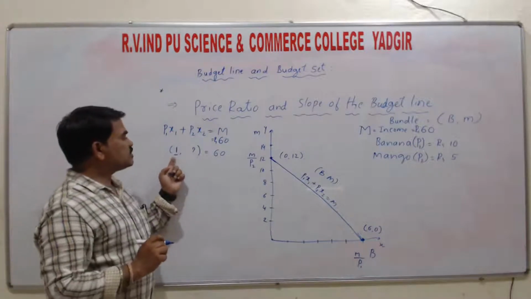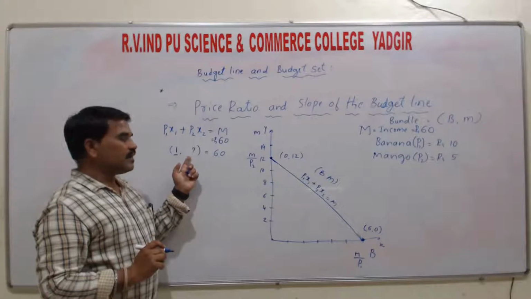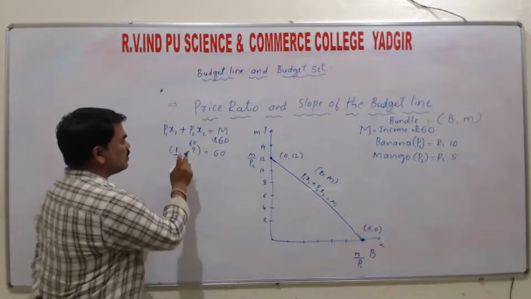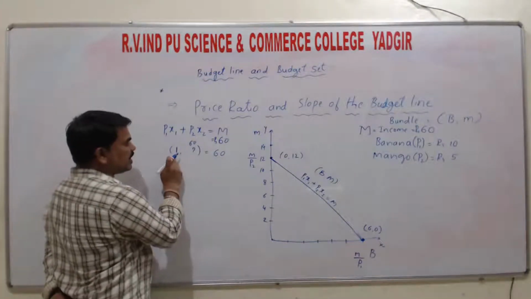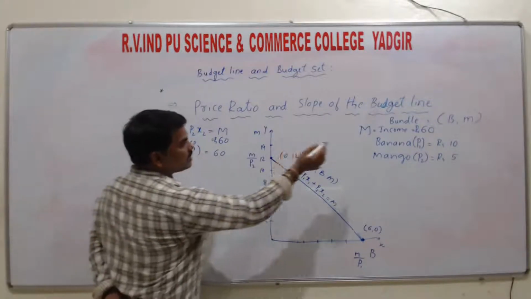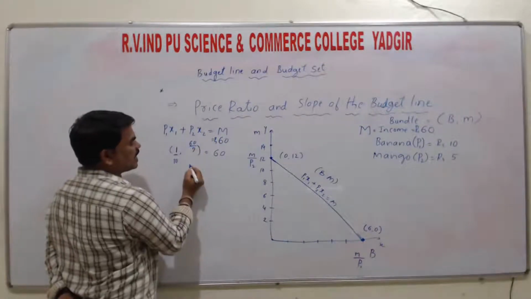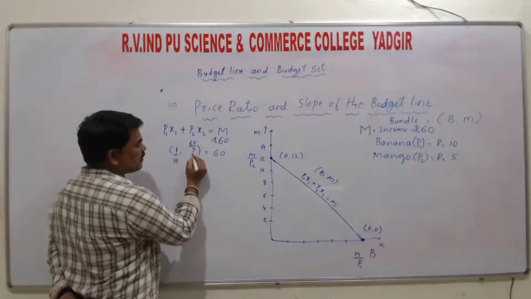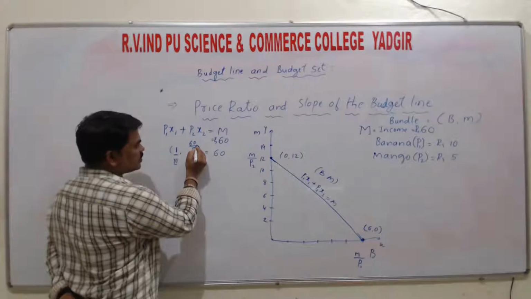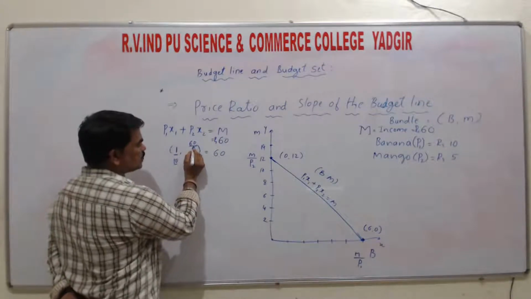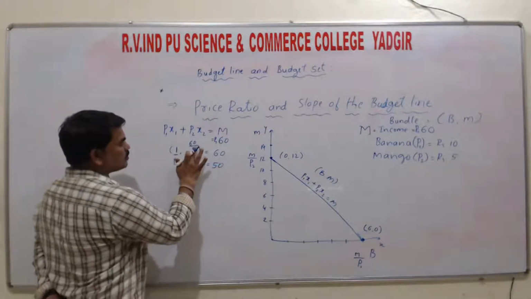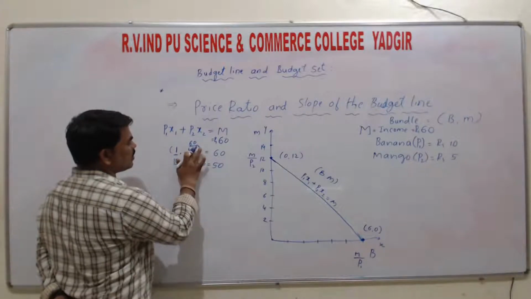To get one banana, he has to reduce his total spending by the price of the banana. If he is spending 60 rupees entirely on mangoes, to add one banana, what does he have to do? The price of one banana is 10 rupees. He has to spend 10 rupees less. So 60 is spent entirely on mangoes, and the price of one banana, 10 rupees, that amount he has to spend less. So how much will it be? 60 minus 10, that is 50 rupees, correct? So he has to spend 50 rupees on this.